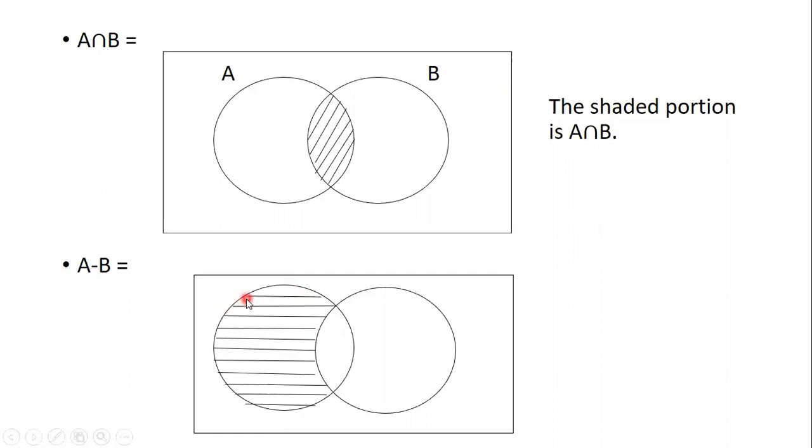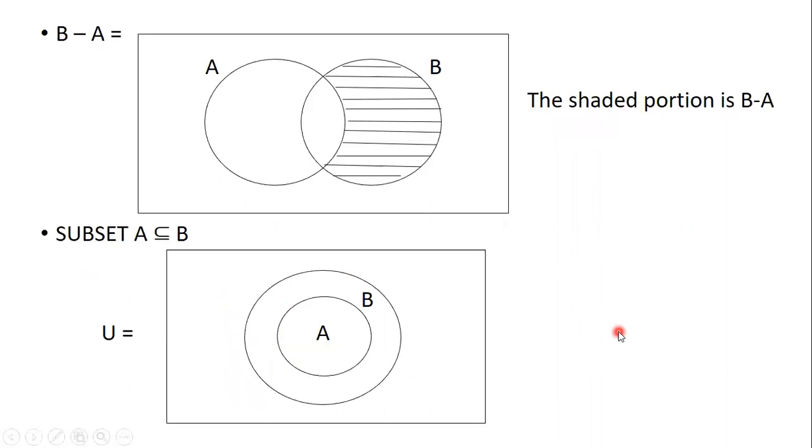We are supposed to only shade A and not shade this intersection part. Leave out the intersection part, because whatever is present in A and not in B will come here. So that is A minus B.